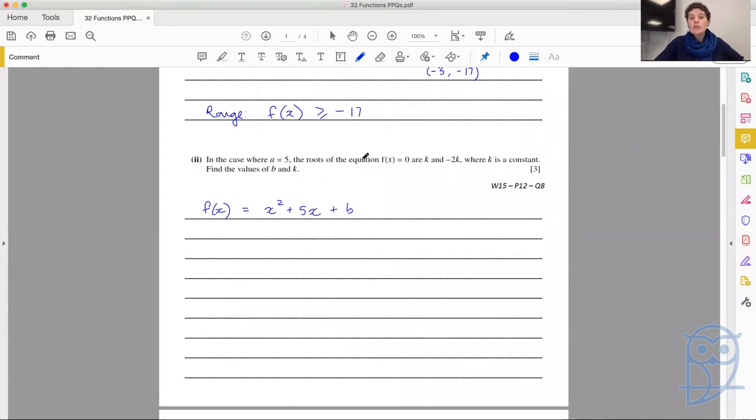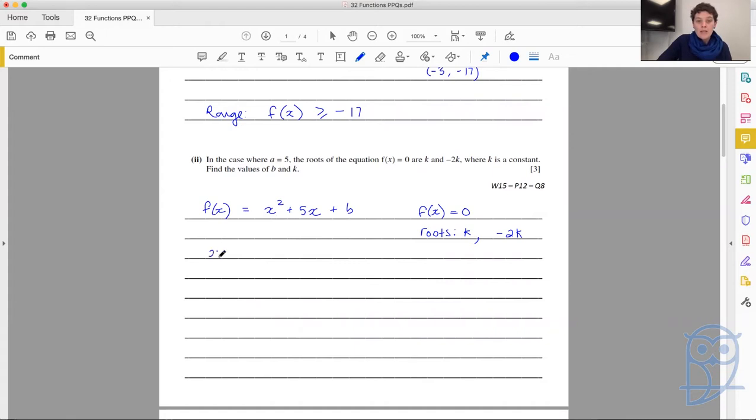Now they tell us the roots of the equation. So f(x) equals 0, then the roots are k and -2k. So if we had x squared plus 5x plus b equals 0, our answers would be this. But remember, when we have the answers, we can also work backwards.